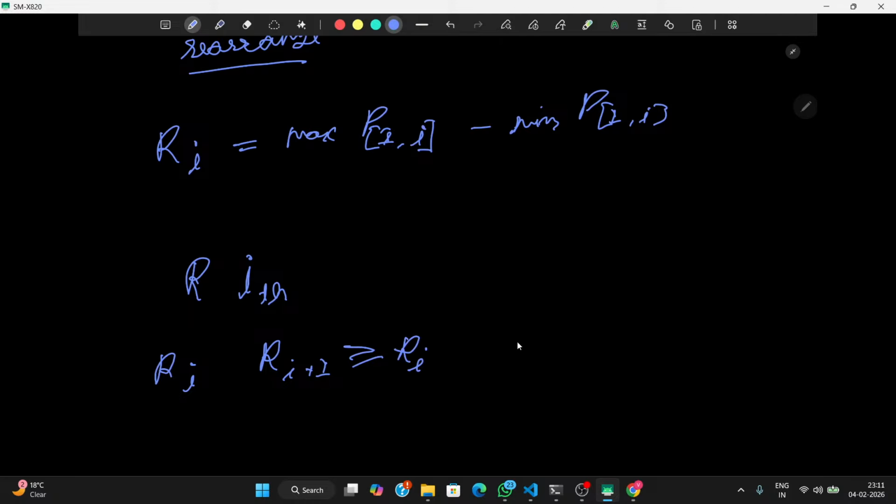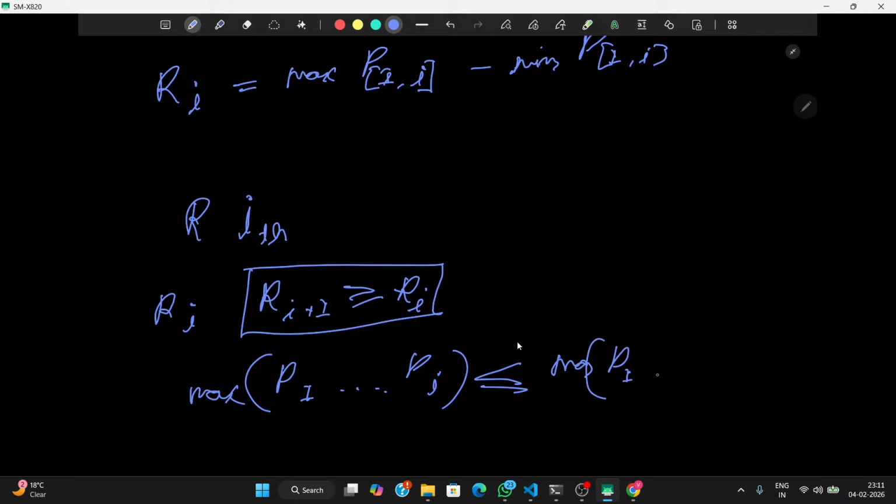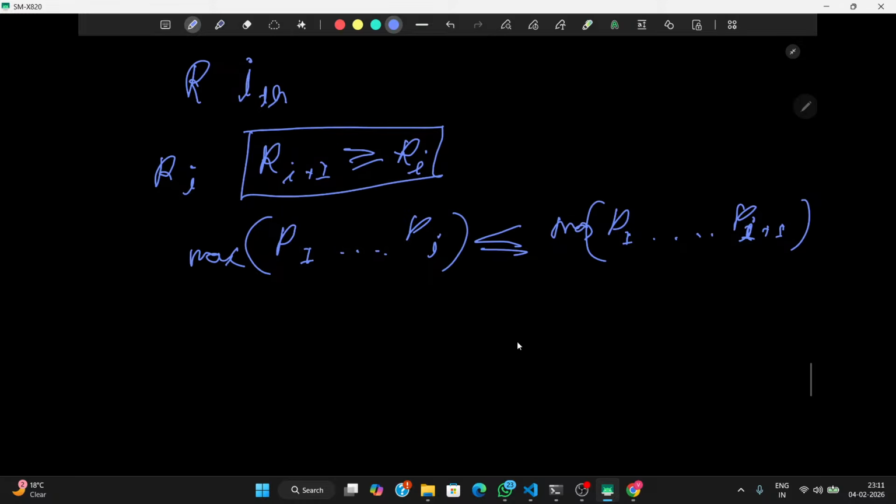Now, how can we prove this? We can simply prove this by saying that the maximum element of P1 to Pi will always be less than or equal to the maximum element of P1 to P of I plus 1, right?